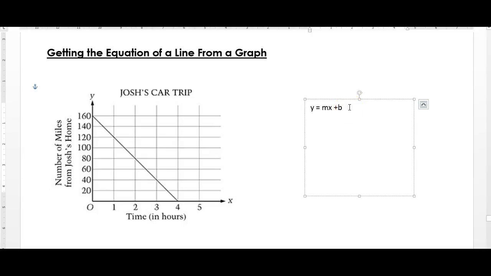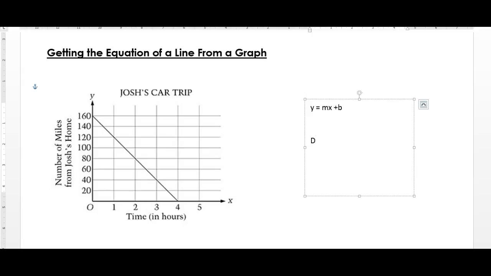Now, in some real-life situations, like in the case of this graph here, it might make sense instead of y and x to use different variables, right? So instead of using y, I might want to use the miles. So a good letter for miles might be m, right? Or I could instead have maybe talked about distance.